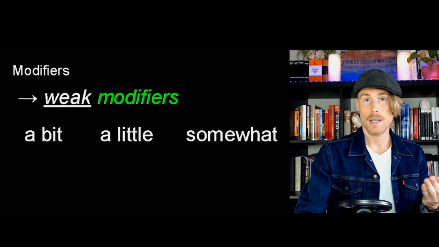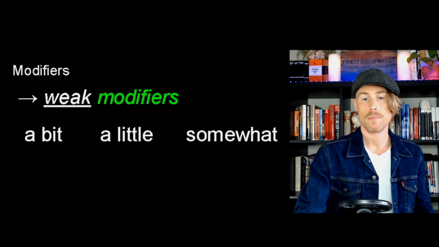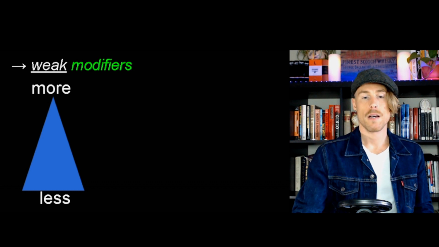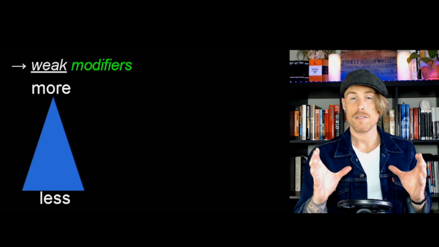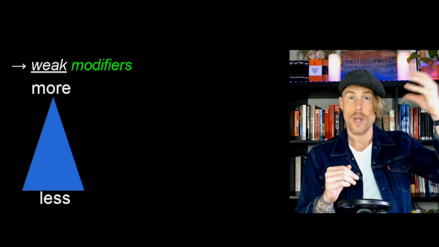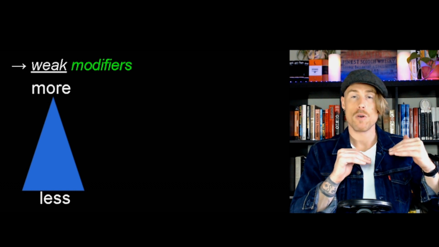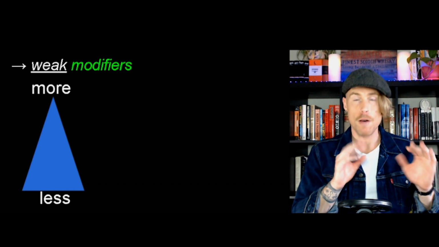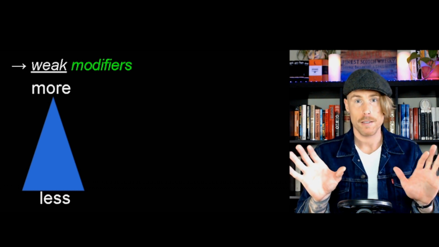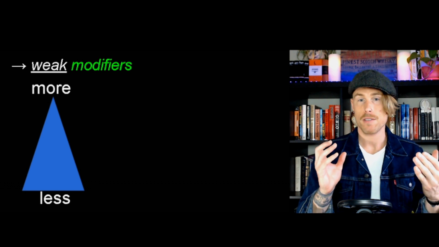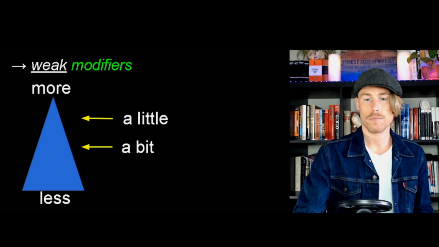Somewhat is also a weak modifier. Okay, here we can see weak modifiers. On the top, more weak, weaker, and on the bottom, less weak, which means stronger, but not strong, because all of these are weak modifiers. A little, a bit, somewhat.